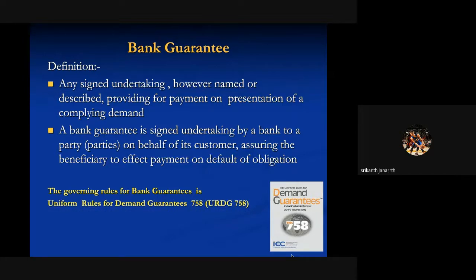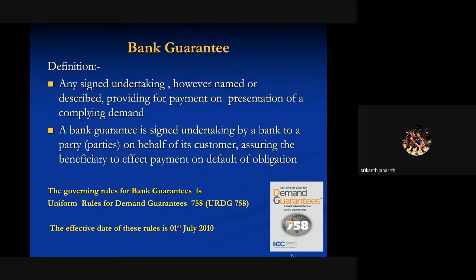That is the version 758. I think that came into effect on the 1st of July 2010. It was 458 before 1st of July. The rules were upgraded and a new set of rules issued on 1st of July 2010, almost 11 years gone now, right? The rule is still in existence.